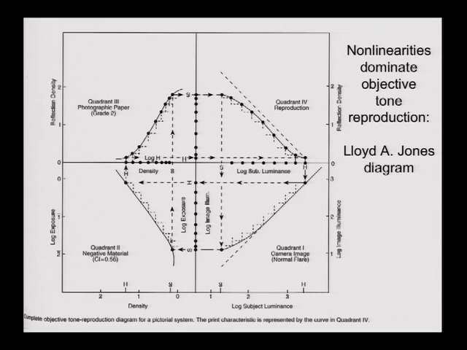But the point is that when you go through this process of taking pictures and developing negatives and making prints, each of those steps does something to the tone scale, and you can cascade these nonlinear functions with what's called a Jones diagram, named after Lloyd Jones, who used this as a method for studying and explaining tone reproduction back in the 30s.